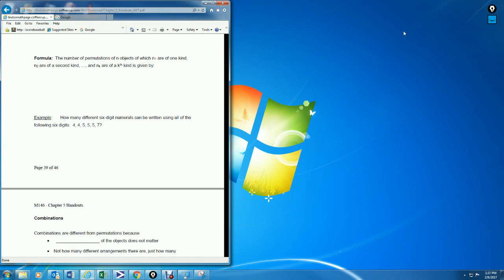All right, so the formula for this, the number of permutations of n objects. So we have n1 of one kind, n2 of the second kind, and so on.